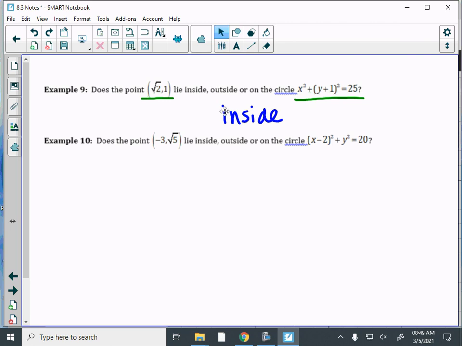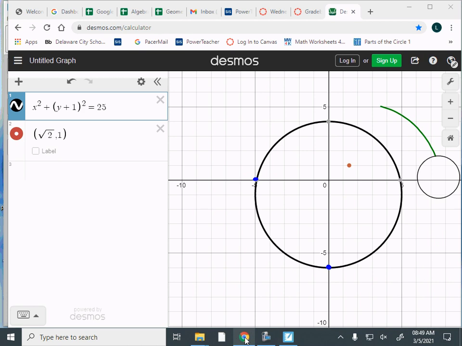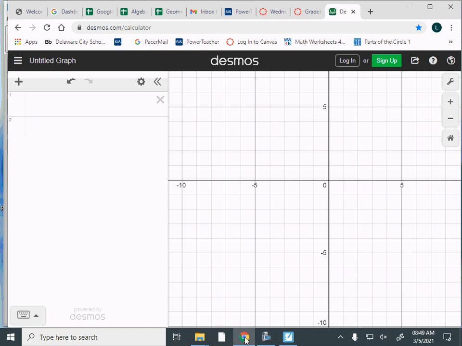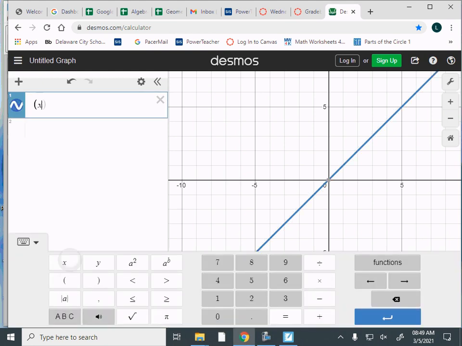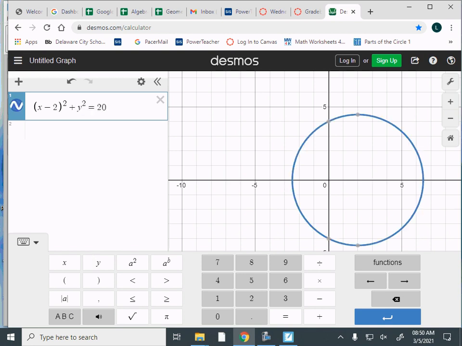And then let's try one more. Again, graph the circle, which is x minus 2 squared plus y squared equals 20 squared.